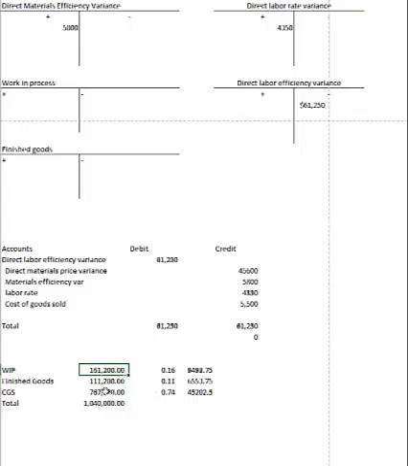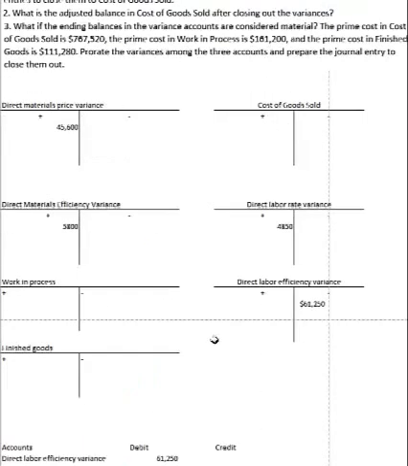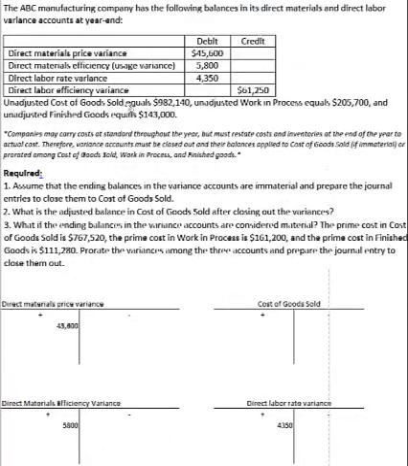Now, how do you break those up? You take the balance of each of the three accounts, you sum them up, and you figure out what percentage each account is relative to the total of all three. You notice what I took here was the prime cost and not the cost with the overhead in it, because we're only dealing with prime costs, material and labor variances.